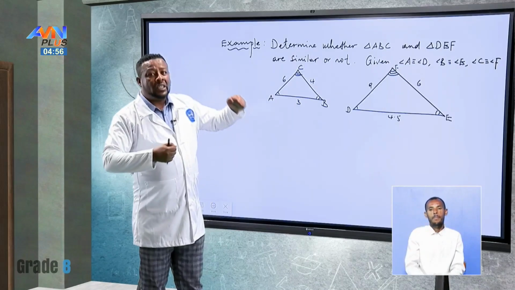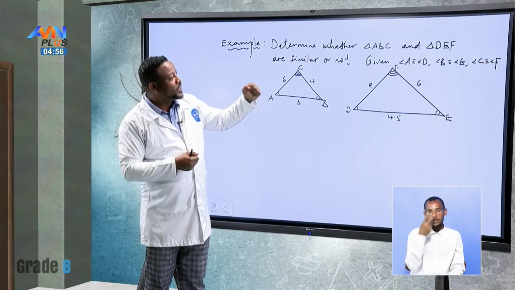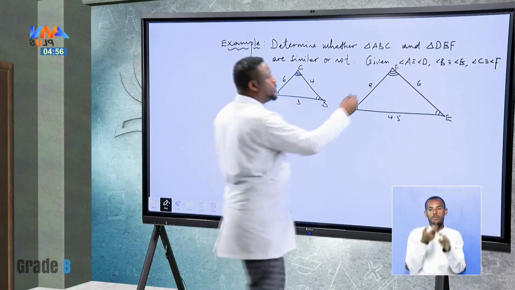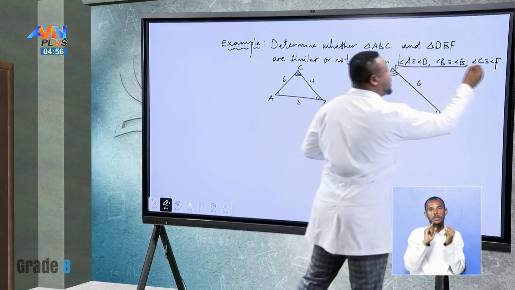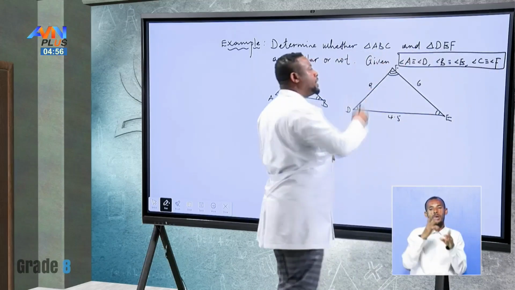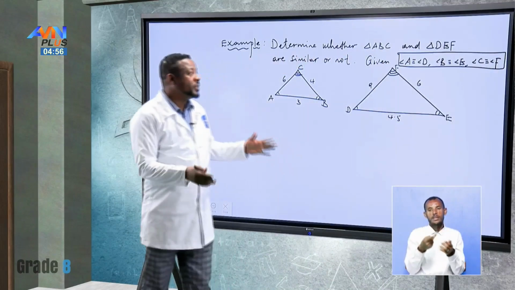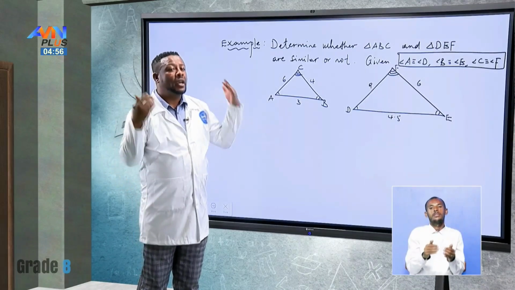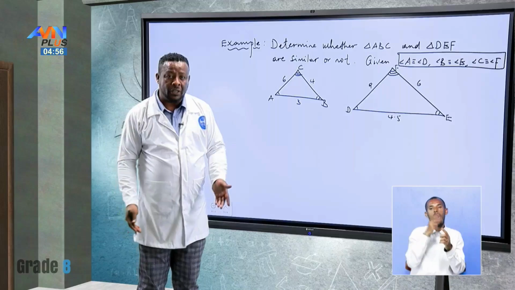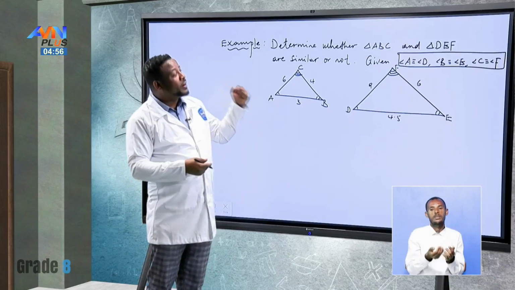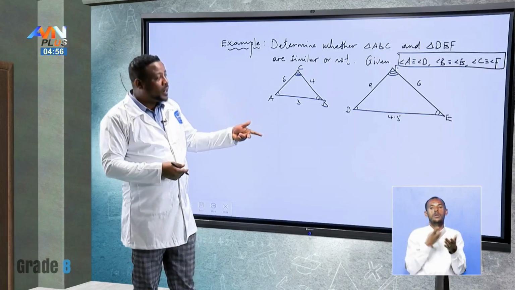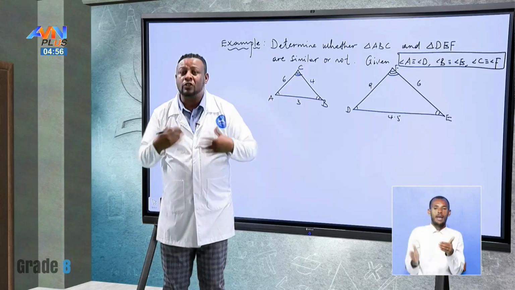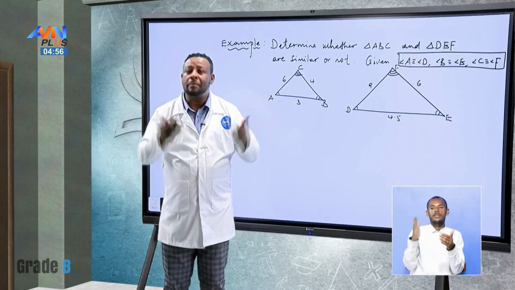So we will check whether these two conditions are satisfied or not. From the given information, we don't need to check the first condition, because all pairs of corresponding angles are congruent. So the only thing we need to check is whether the ratios of corresponding sides are the same or not.